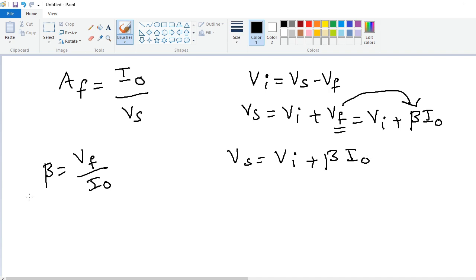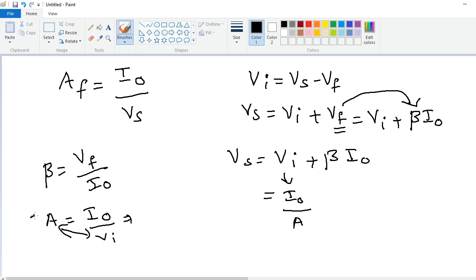Now coming to the amplifier gain. Amplifier gain A is equal to I naught divided by Vi. So instead of Vi, I will substitute I naught divided by A. Why?